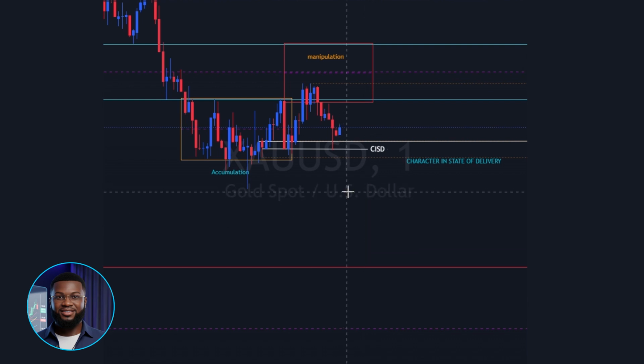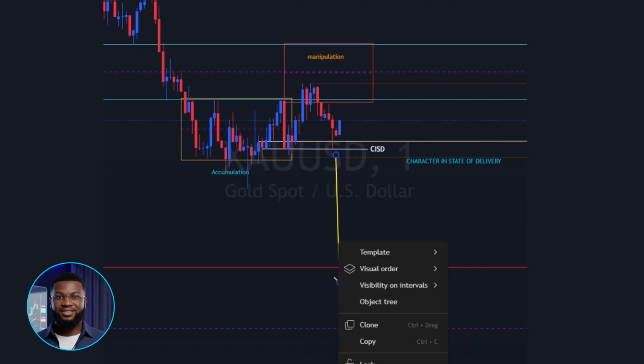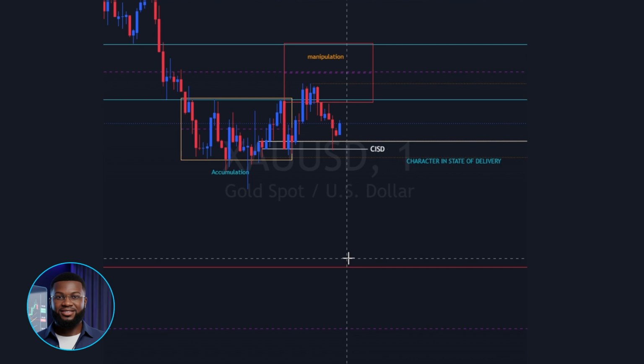If the momentum gives me the signal that price is not willing to make a retest, then when price breaks below the CISD, boom, we are down. Just enter 1:2, 1:3, we are out. You get the idea, right?